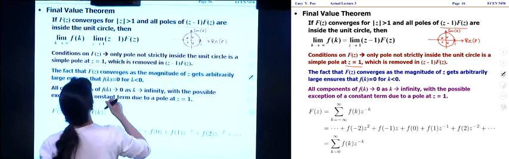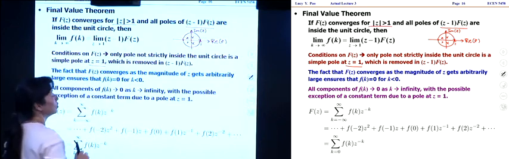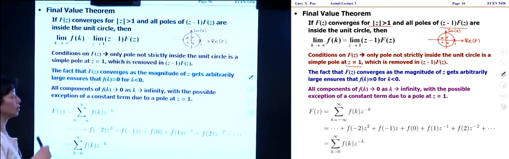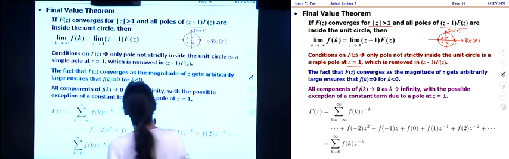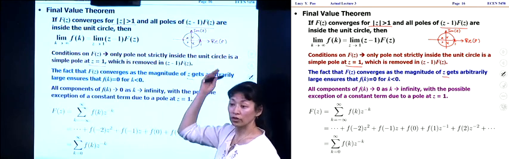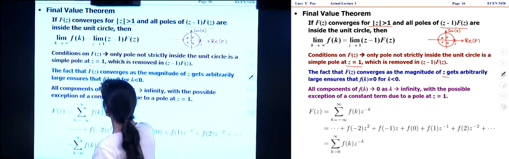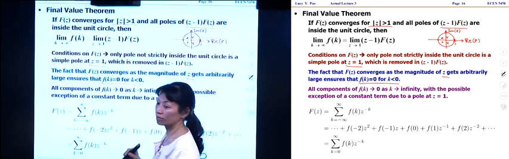Now, the fact that F of z converges for all z outside the unit disk means that F of z has to converge for z getting arbitrarily large. That means that we have to have a causal sequence.